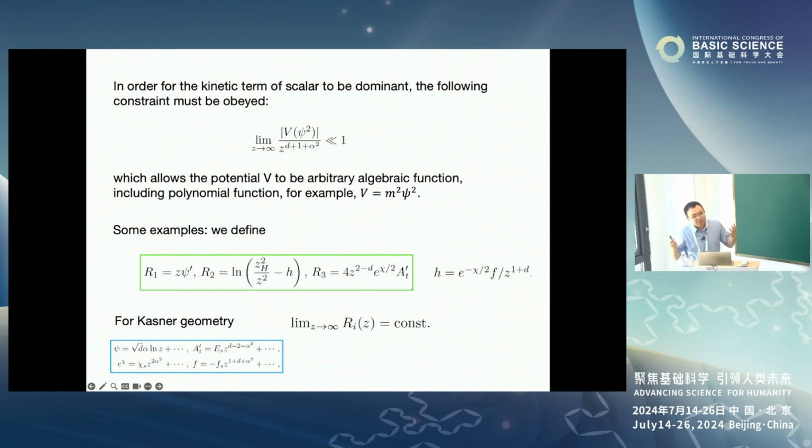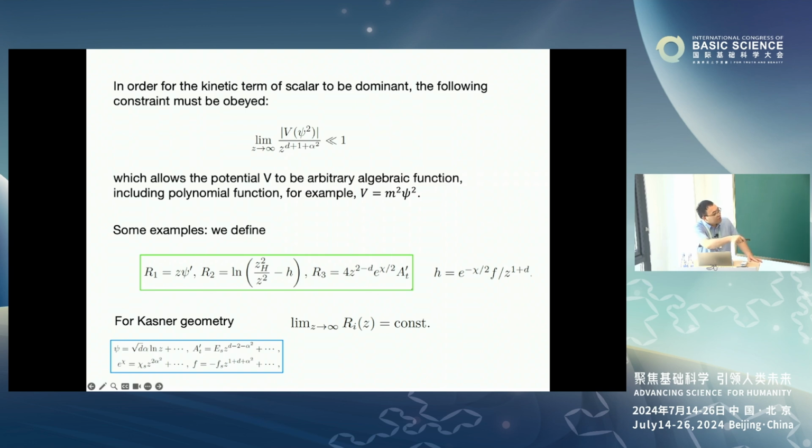I just mentioned we neglect the contribution of the potential, so we have this condition. Actually, this condition is very general. It allows the potential V to be an arbitrary algebraic function, like a polynomial function, like this.